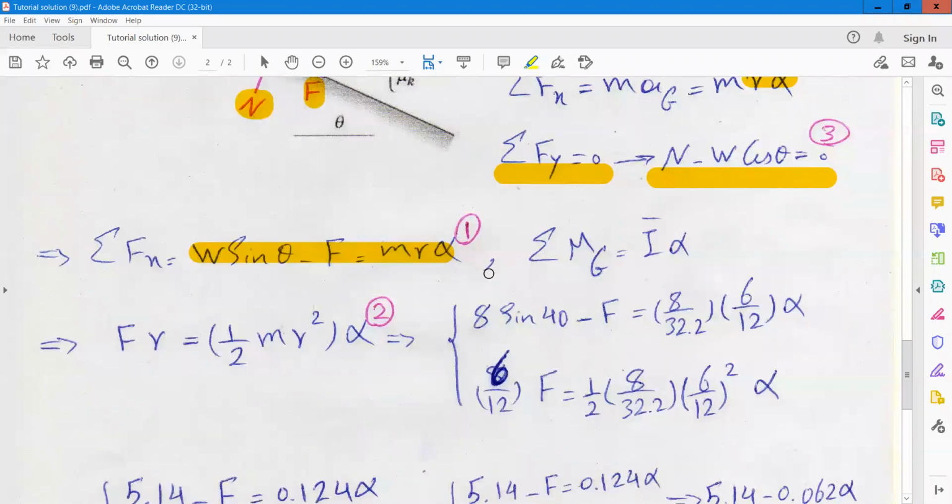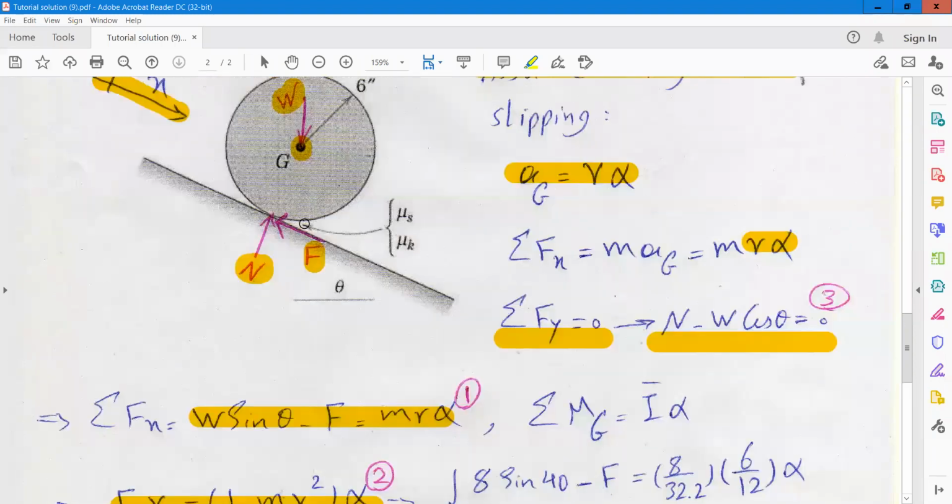So the moment equation results in equation 2. You can see F times R, which is the arm of force F. When you calculate the moment about the mass center, the arm for force F is equal to this length, which is the radius.